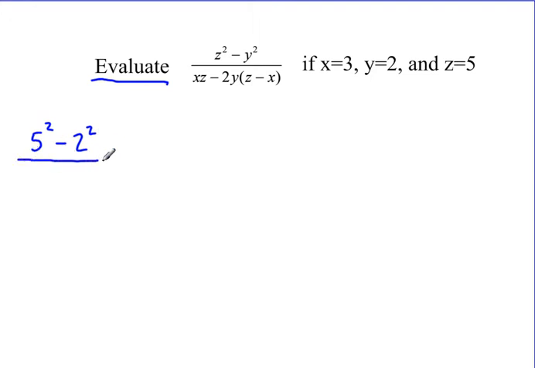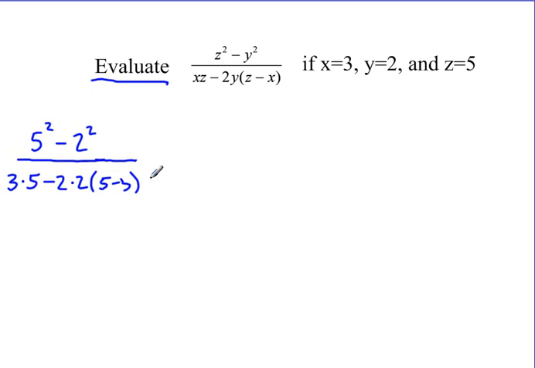And then that will be all over x times z, so that will be 3 times 5 minus 2 times y, well, y is 2, and then parentheses z, which is 5, minus x, minus 3.